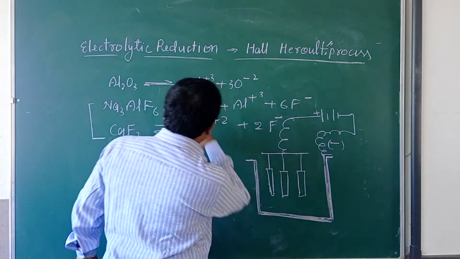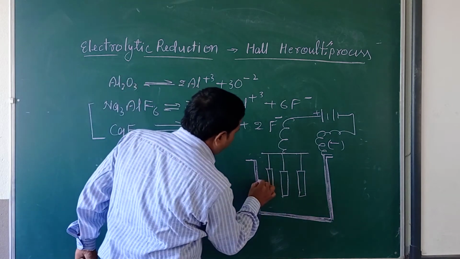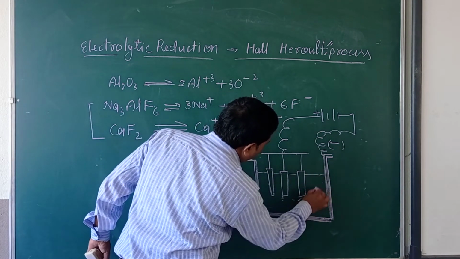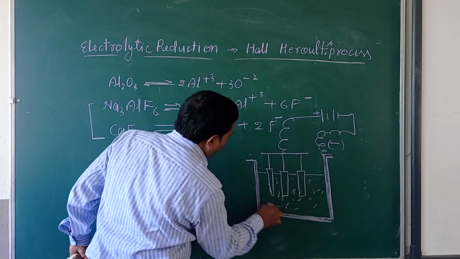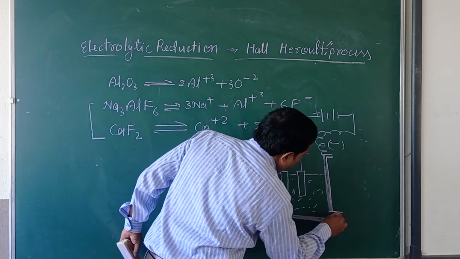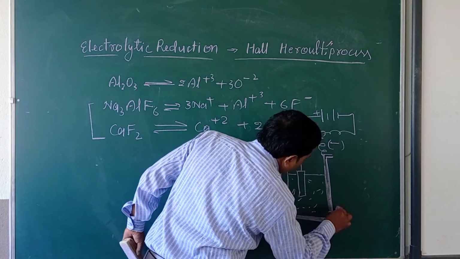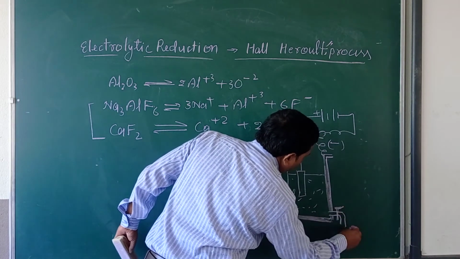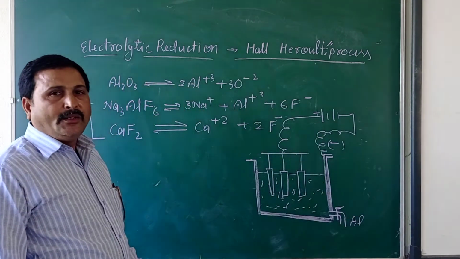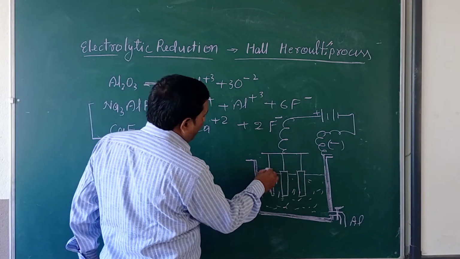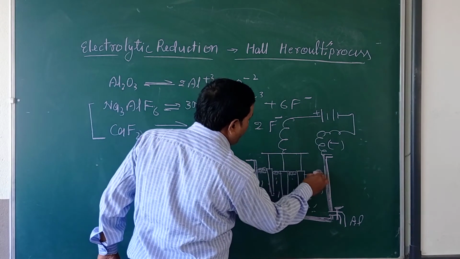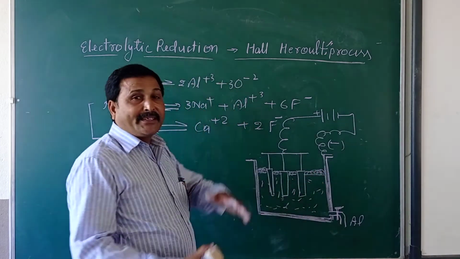See that here you have the electrolyte, and this outlet is for removal of molten aluminium. We are sprinkling carbon powder here. Question: why do we sprinkle coke on the surface of the electrolyte?